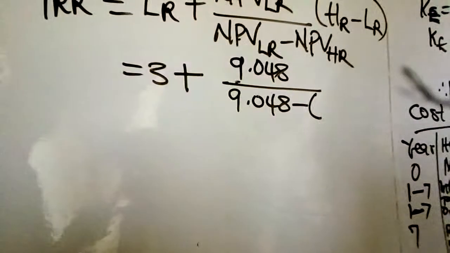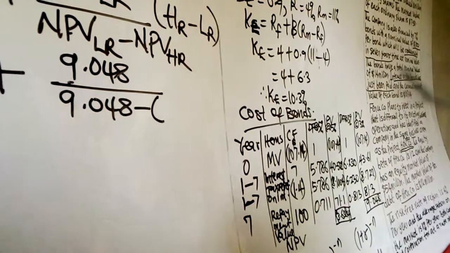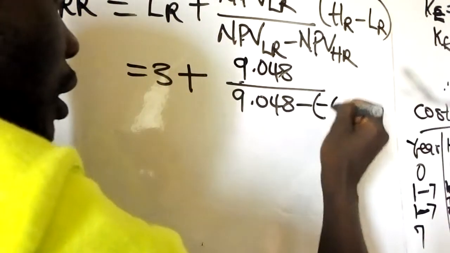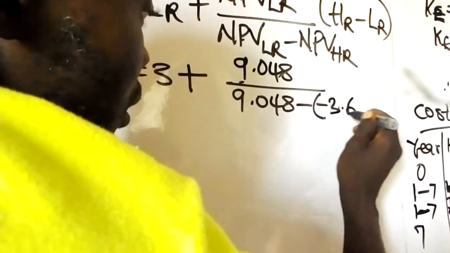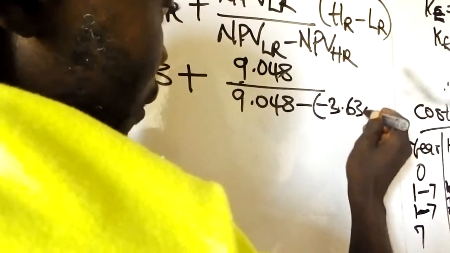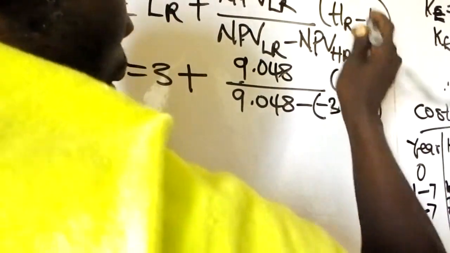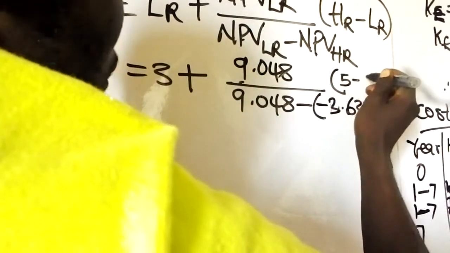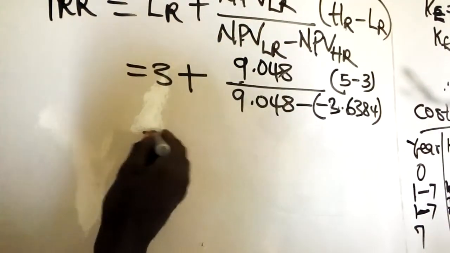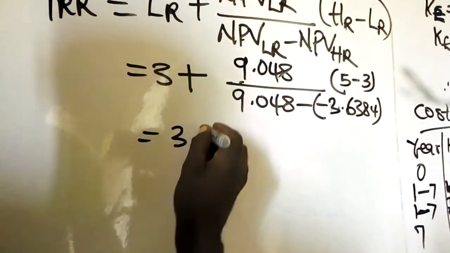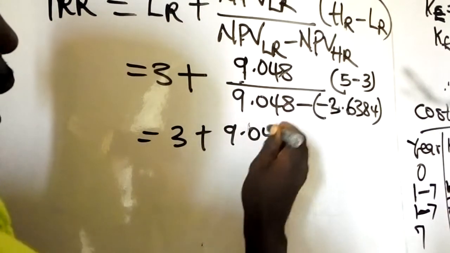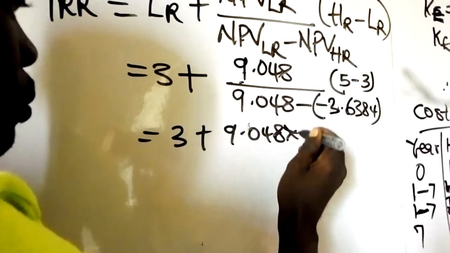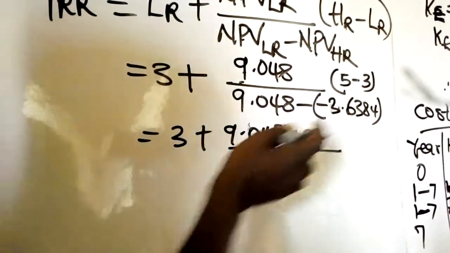NPV at higher rate is negative, and we got 3.6384, which is negative, minus 3.6384, into higher rate minus lower rate. Our higher rate is 5% and the lower rate is 3%. So this will be 3 plus 9.048 times 5 minus 3, which is 2, over this, minus and minus become plus.